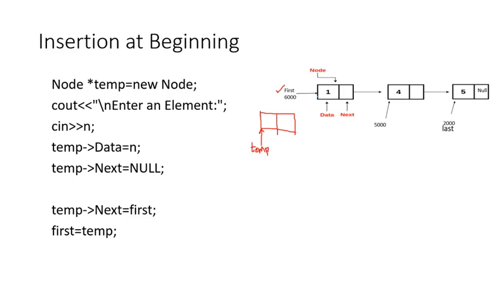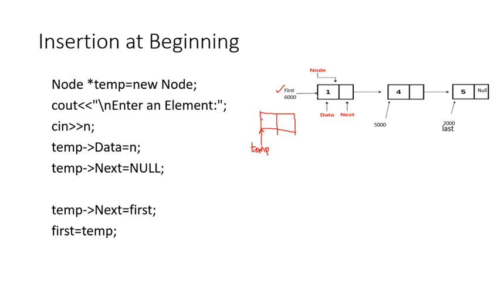After that we will ask the user to enter the value of n. N is nothing but the data which we want to store in the data field of the node.